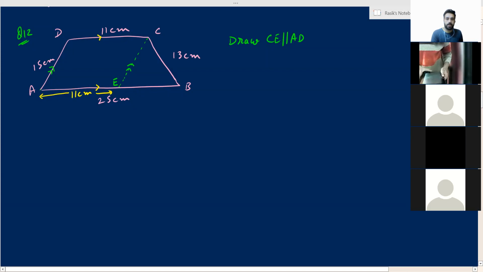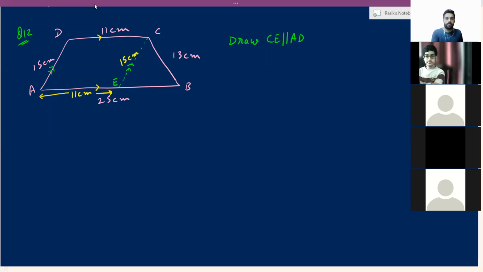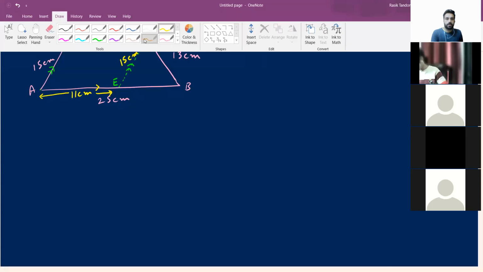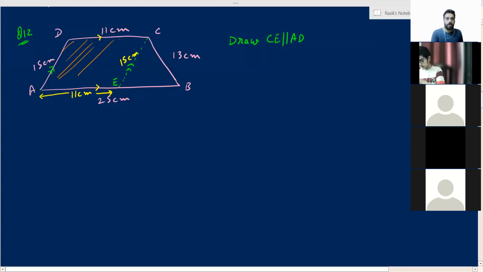So we can say that the length of AE is equal to CD, 11 centimeters, and the length of CE is equal to 15 centimeters. So this part of the figure is a parallelogram.